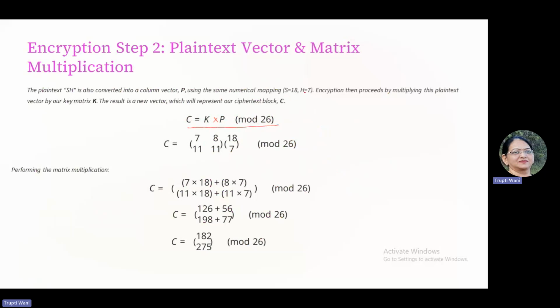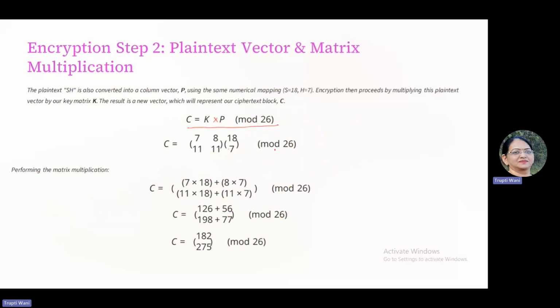We took SH as the first two letters for solving purposes only. We will first convert SH, and for the remaining letters you can follow the same steps to get the complete ciphertext. So S is denoted as 18, H is denoted as 7. Write this as a 2 by 1 matrix mod 26.